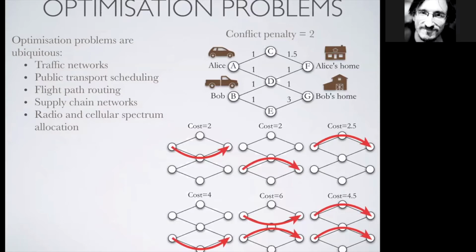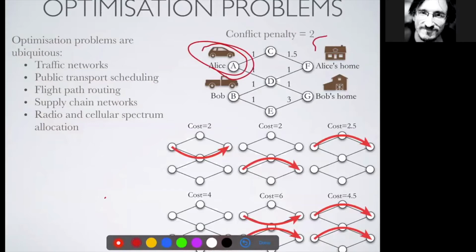So suppose you're Alice over here, and you want to get home, and you've got this road network in between you, and the A's, B's, C's, and D's, those different nodes represent intersections, and the edge numbers here represent how long it takes to drive along that road. And then you want to ask Google what's the quickest way to get from Alice to Alice's home, or Bob wants to ask what's the quickest way for Bob to get to his house.